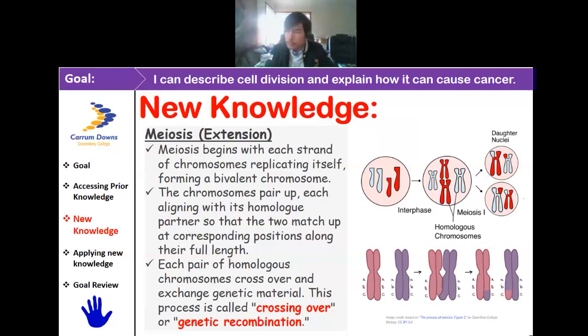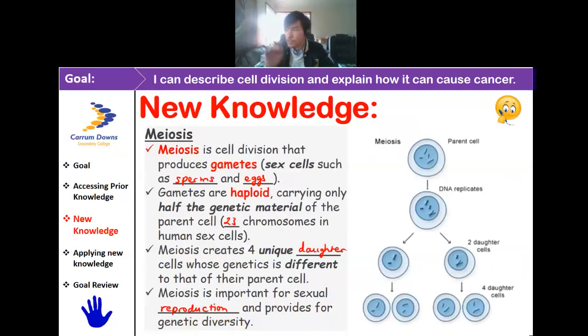But at this stage, for us at Year 9 level, I just need you to know what meiosis is, what gametes are, and what it is important for.